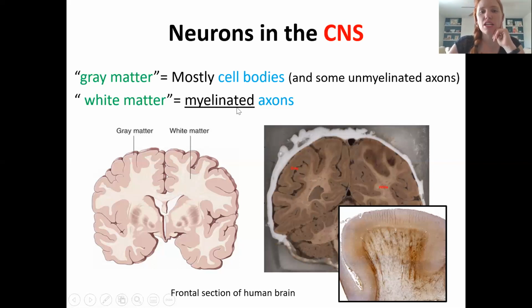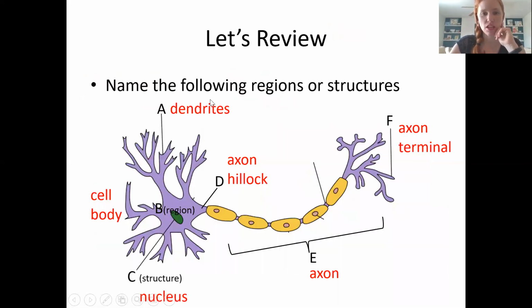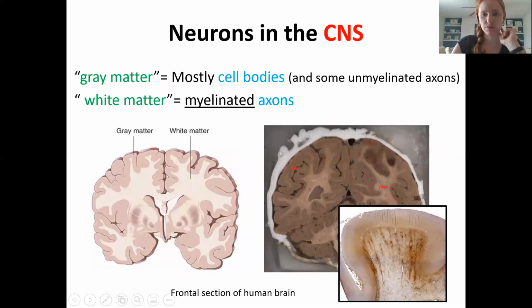But that myelination gives it a whiter color, and those are going to be where the axons are. So cell bodies are going to be found in the gray matter of the central nervous system, and the axons are going to be found in the white matter of the central nervous system.